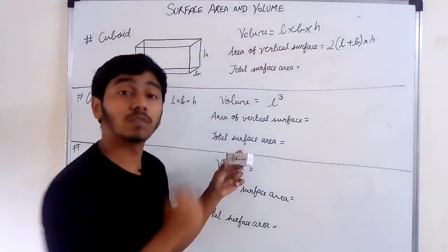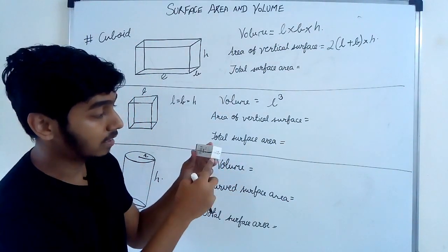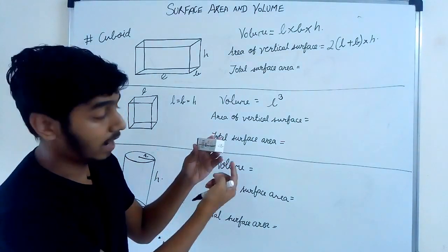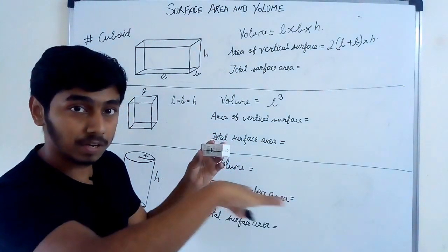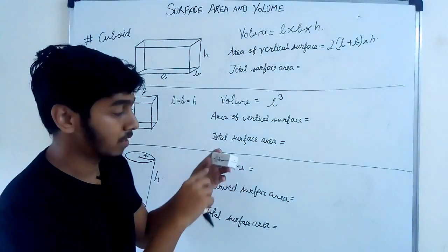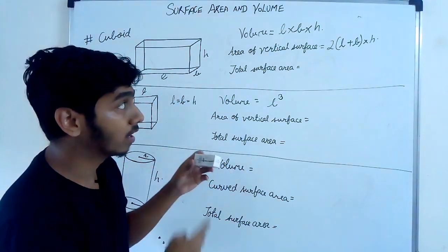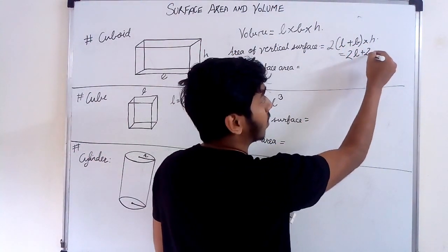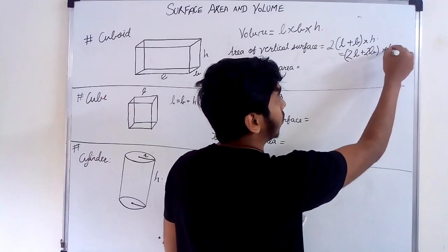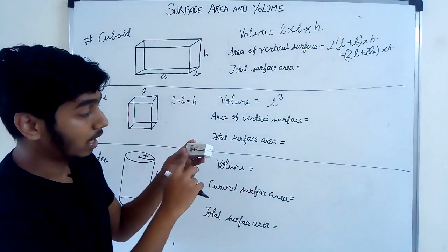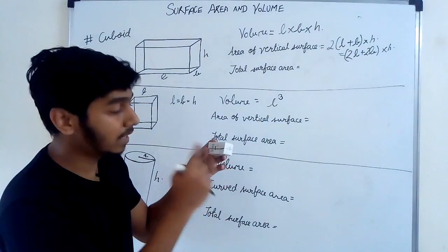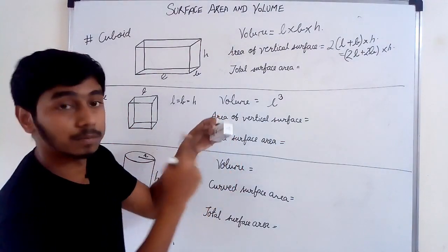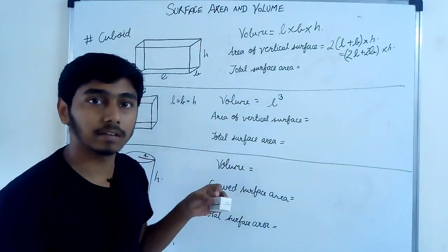To find the area of vertical surface, there are two lengths and two breadths. So it will be two length plus two breadth into height: one length and the other length, plus breadth and the other breadth. There are two breadths on both surface planes, correct?